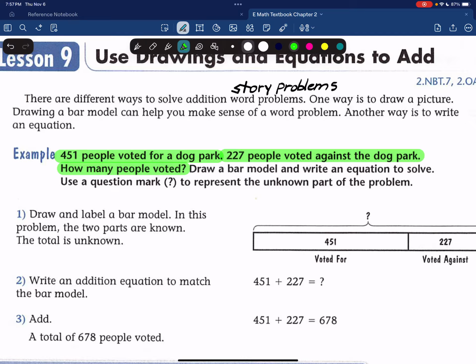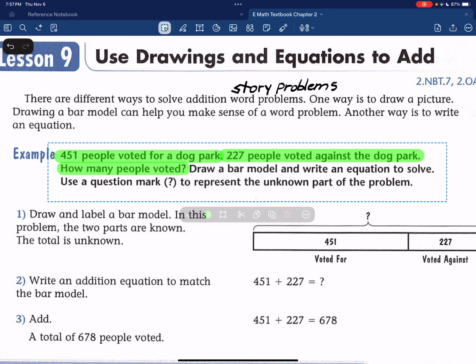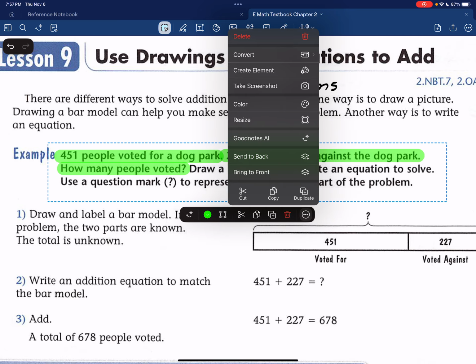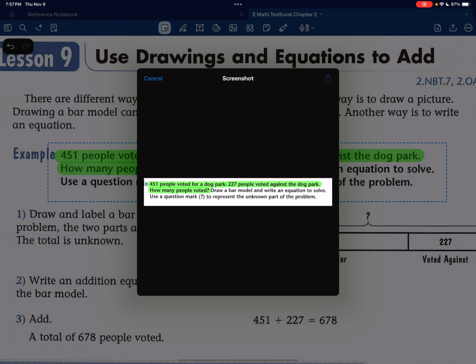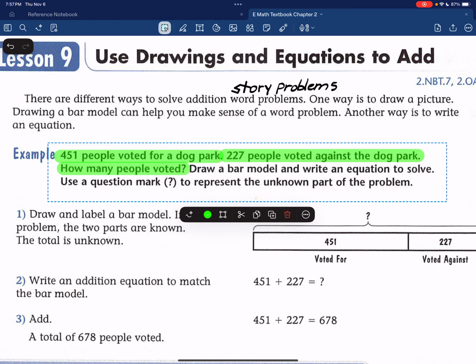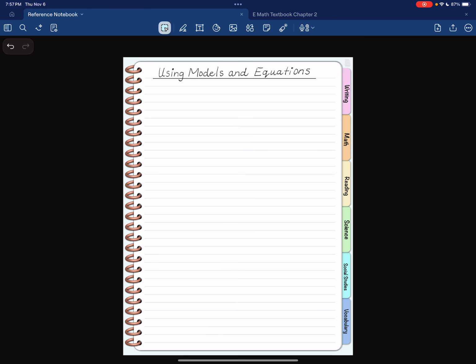Now I need to do something. Bear with me just a second because I cannot remember this long enough. I'm going to take a quick screenshot and then let's go to our notebook. You do not need to copy this. I'm going to show you what you need to write. I just need this to help me stay straight.